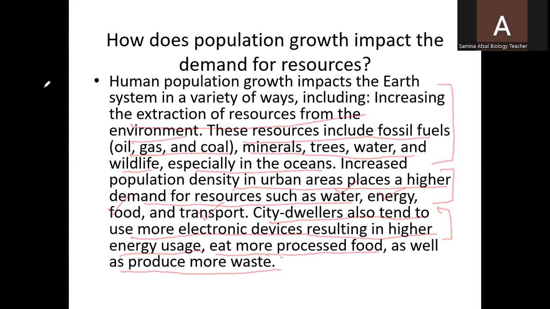They need more resources in every field of life, and at any moment of their life, they need different types of resources. The most of them are food, energy, and water. So all these are required, all these are demanded by a population. These resources are becoming less day by day because of more population and fewer resources in an ecosystem. So in this way, population growth impacts the demand for resources.